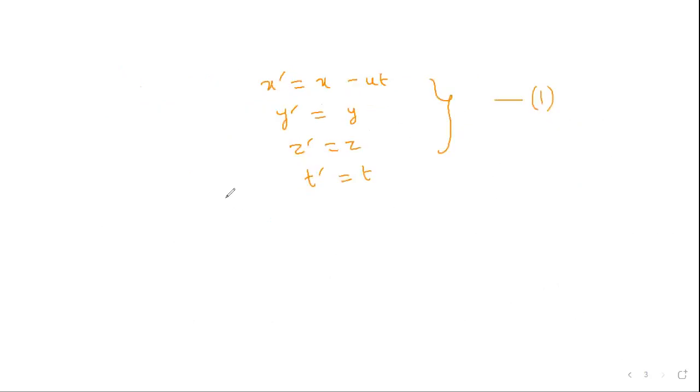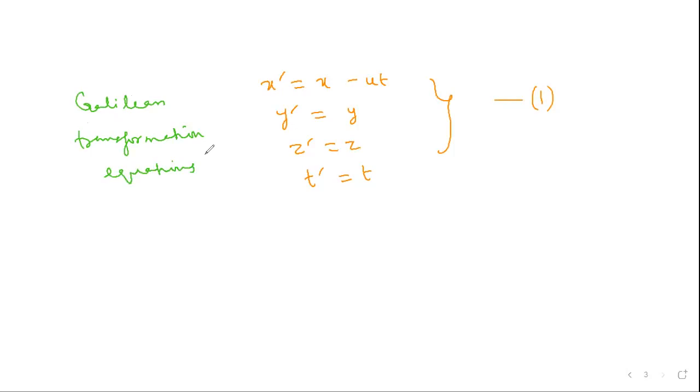So these are called Galilean transformation equations.